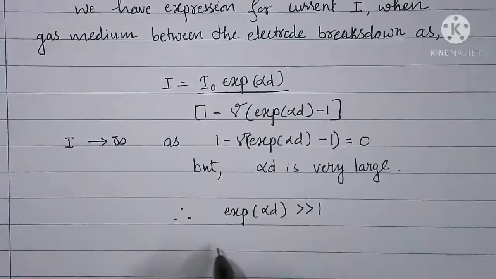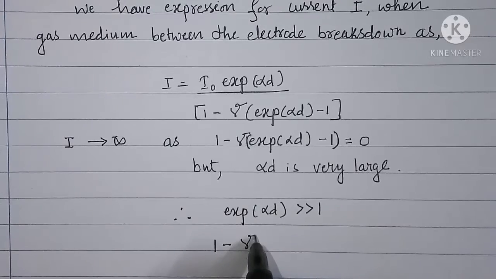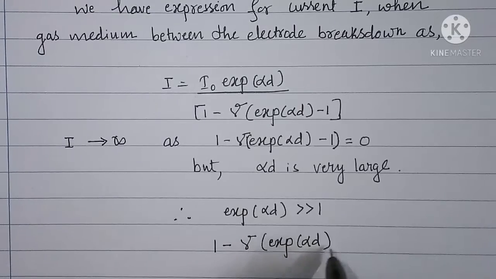Hence we can write 1 minus gamma into exponent of alpha d equal to 0, or gamma into exponent of alpha d is equal to 1.